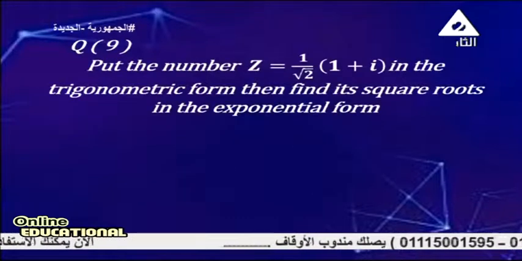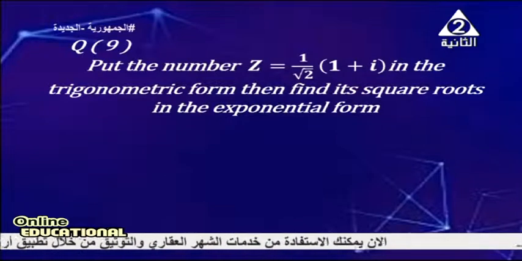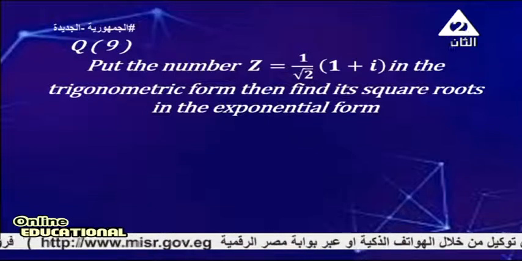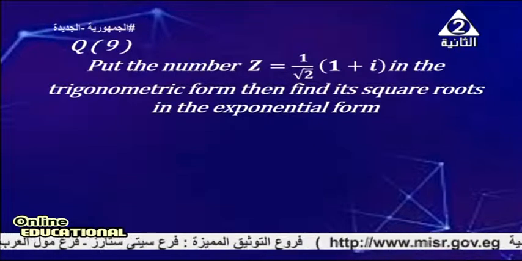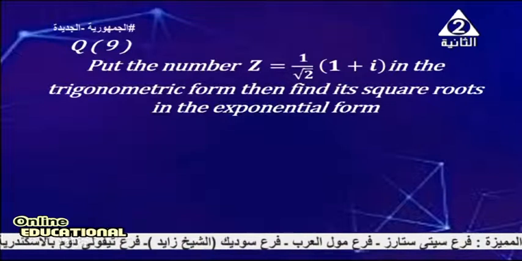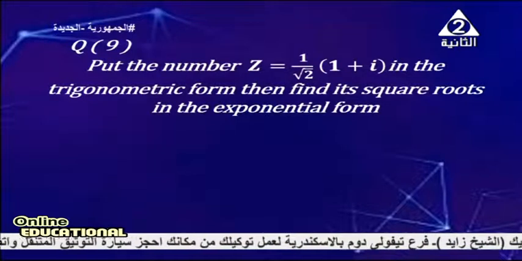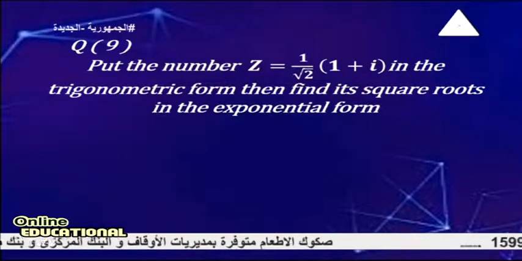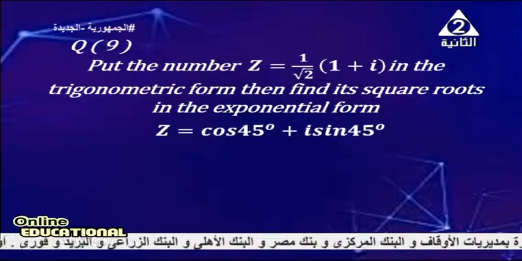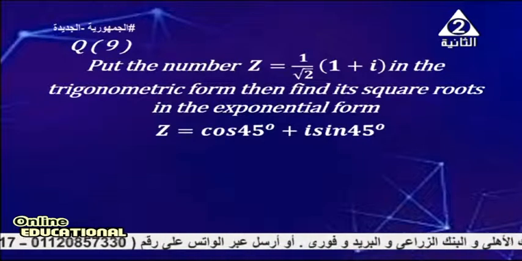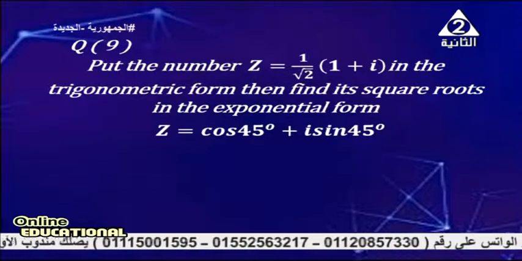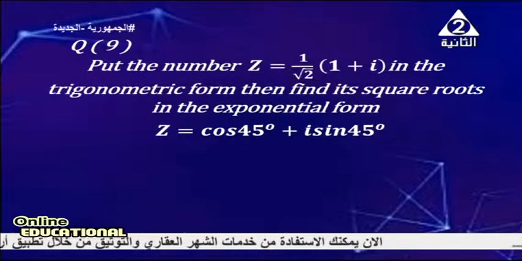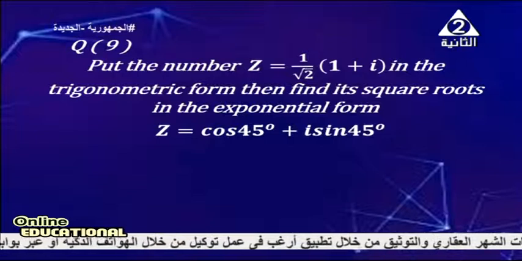This example is very important. Put the complex number z equals 1 over root 2 multiplied by (1 plus i) in trigonometric form, then find its square root in exponential form. My dear student, we have three forms of a complex number: algebraic form, trigonometric form, and exponential form. If we write 1 over root 2 multiplied by (1 plus i) as 1 over root 2 times cosine 45 and sine 45, then z equals cosine 45 plus i sine 45.